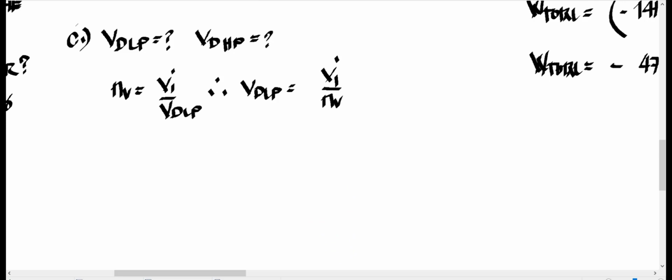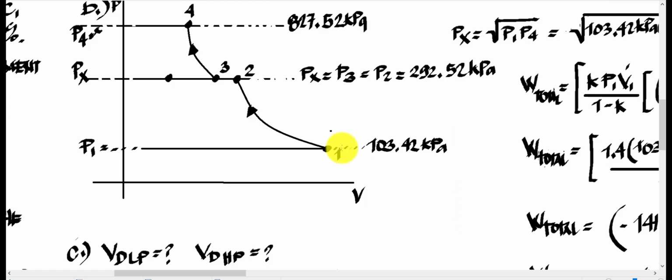Now we need to solve the new volumetric efficiency since we have the intercooling, with the intermediate pressure Px, which is the pressure at points 2 and 3. Referring to the figure, we're looking at the volumetric efficiency at the low stage, this side.